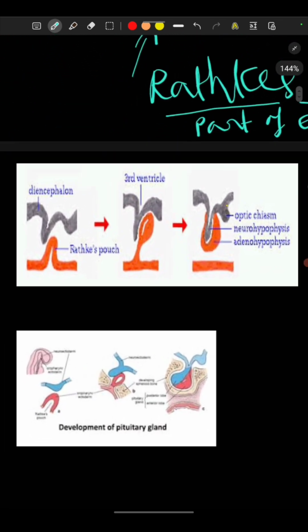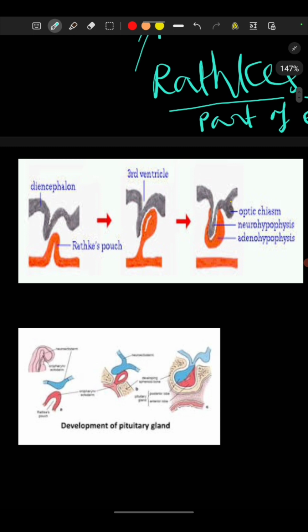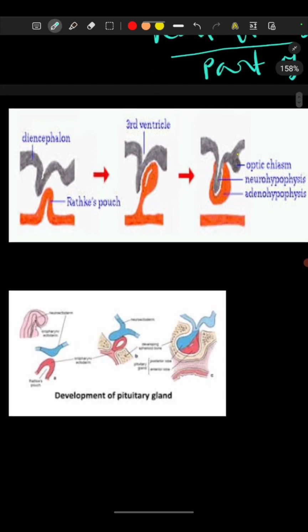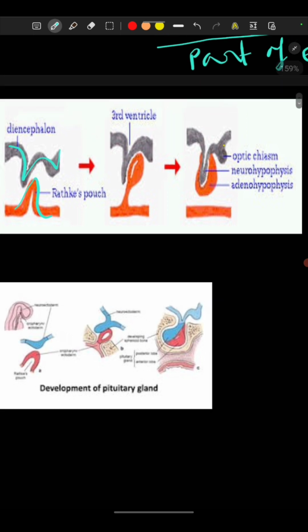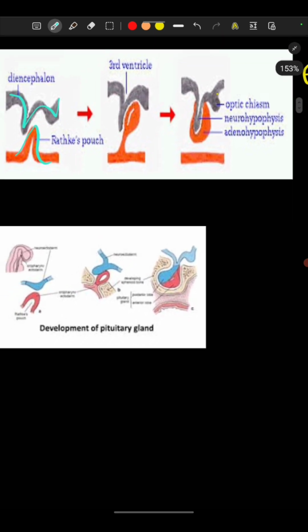And here is the embryological anatomy of the pituitary gland. The diencephalon and Rathke's pouch together fuse and form the pituitary gland.